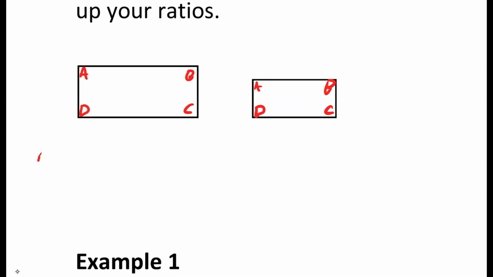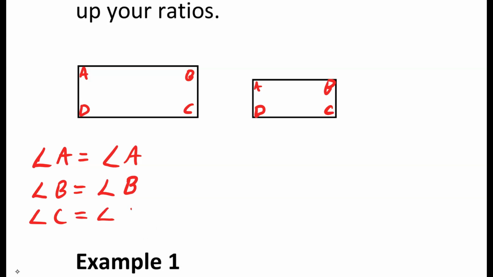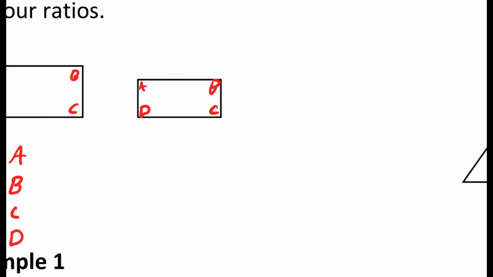So angle A is equal to angle A. Angle B would be equal to angle B, angle C equal to angle C, and angle D equal to angle D. So those would be the corresponding angles between the two shapes.